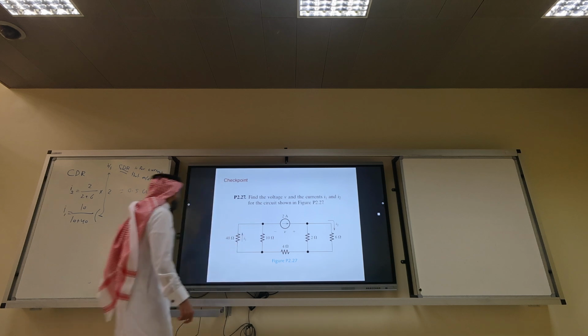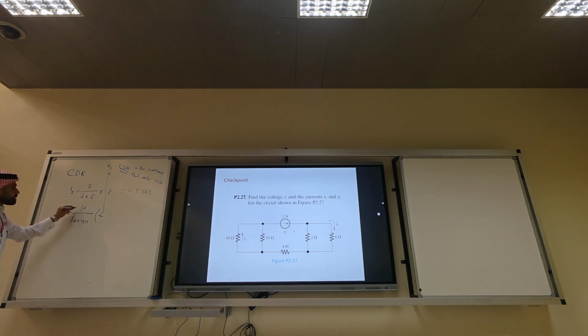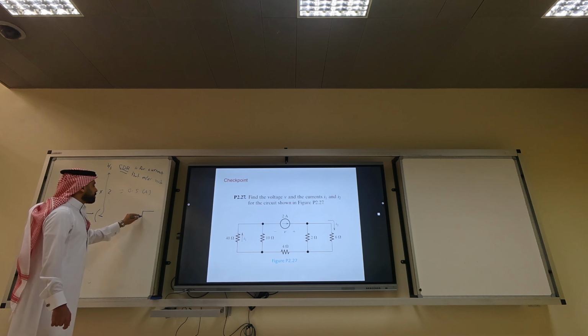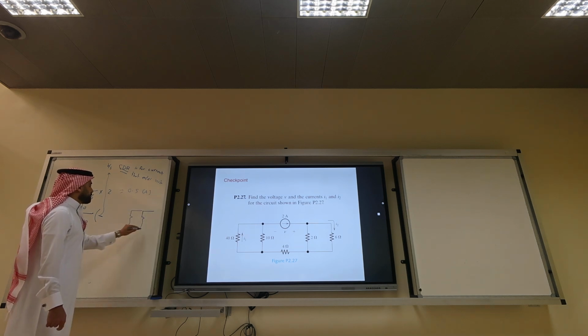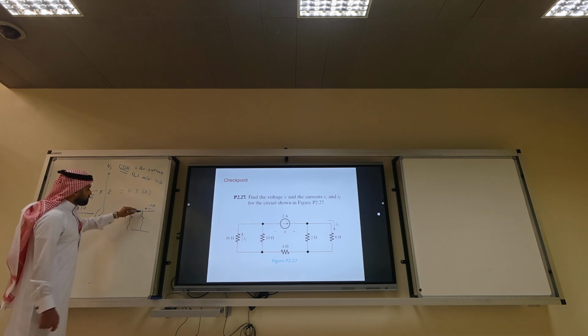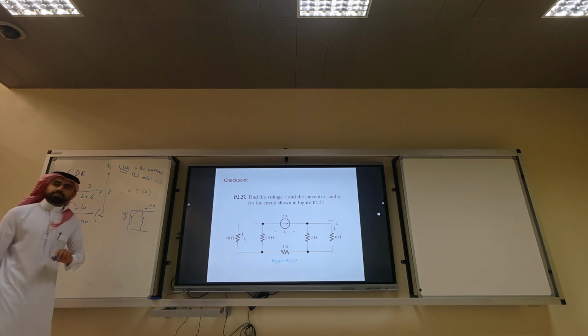So we need to add another negative sign. We have one negative sign to reverse the direction. So basically, the minus 2 amps gets split into minus I1, but we will have to calculate I1.